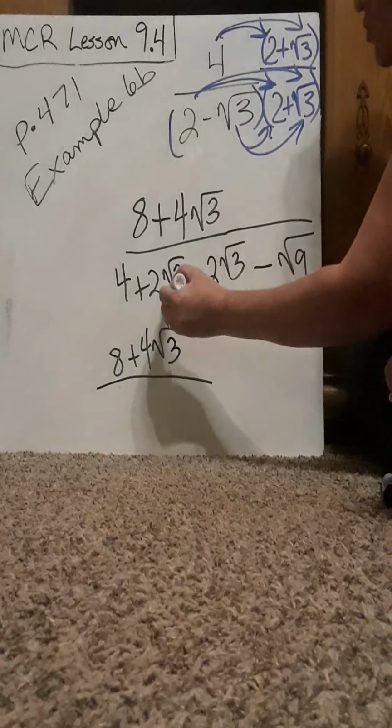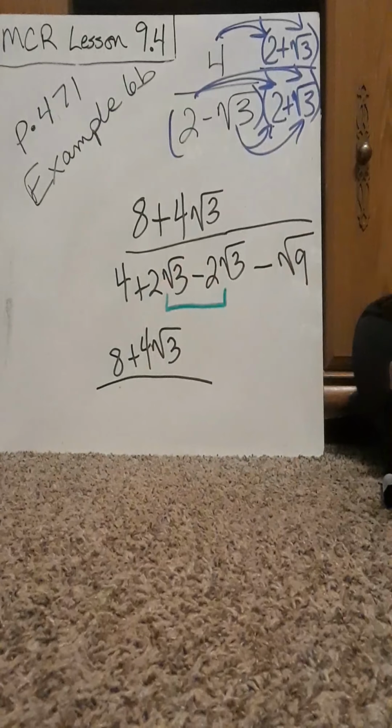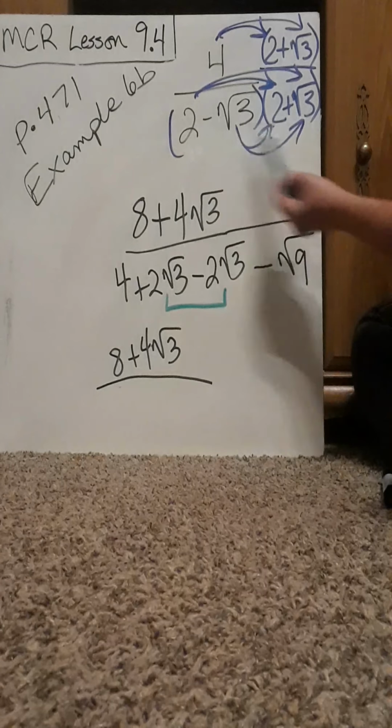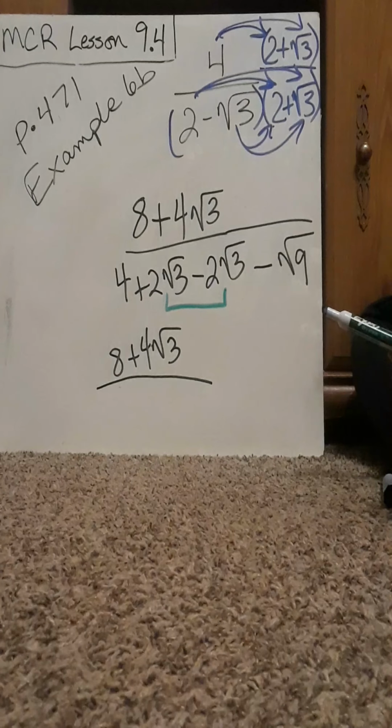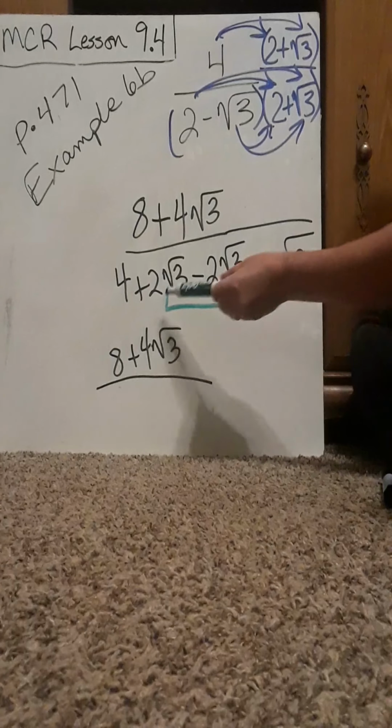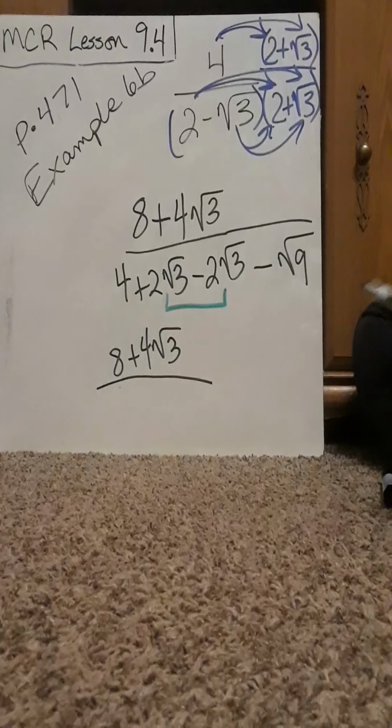Look at these 2 radicals. I told you that something interesting about a conjugate is that whenever you multiply conjugates together, like these, the radicals go away. Here's how that works. I have a plus 2 radical 3 and a minus 2 radical 3 now. These are like radicals, same root, same radicand.